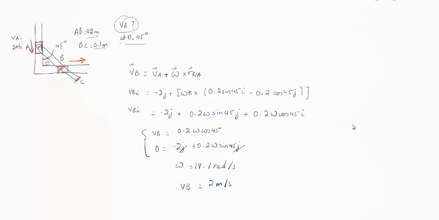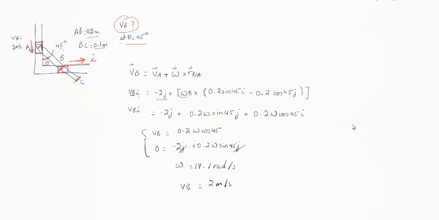So first, let's use the equation that we saw earlier. We know VB equals VA plus omega cross product RBA. Now we know VB is only going to be moving in the I direction because it's constrained over here. So we have VB I, that's the value of V in I, equals VA, which is minus 2J, plus omega, which is omega in the K direction, cross product with RBA.